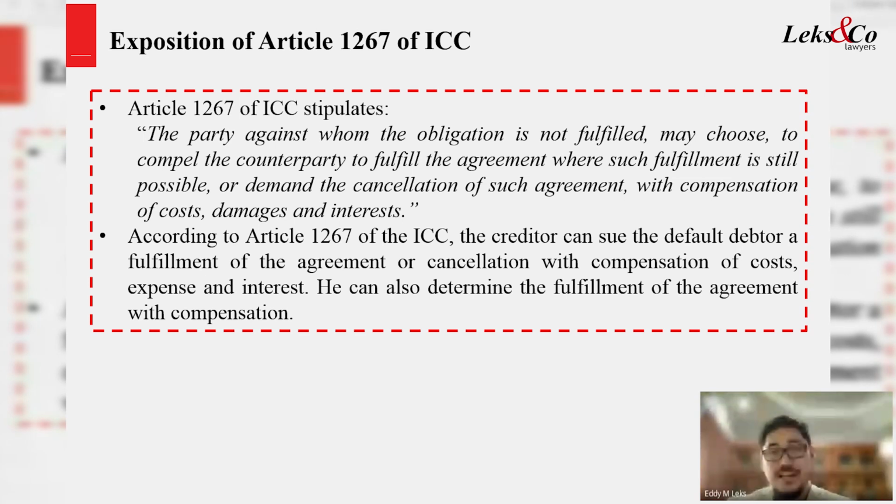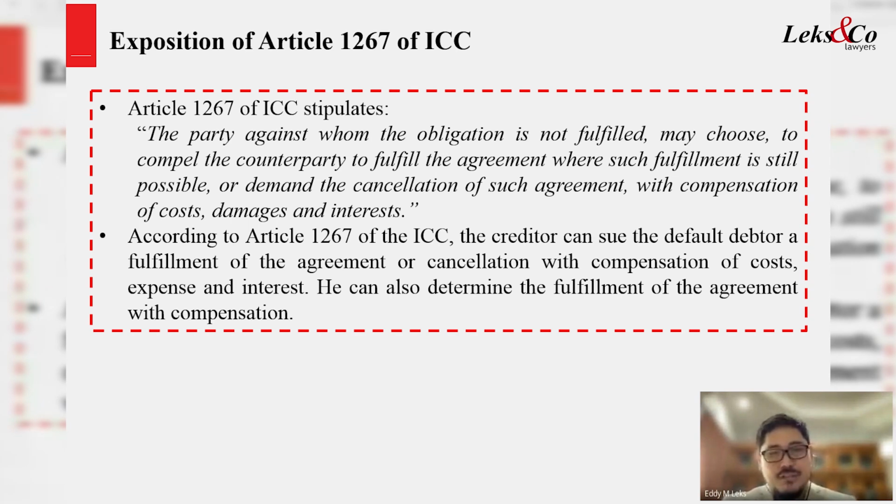But recently I had a case where I chose the first one. I just want you to do your performance, but I claim for cost, damages, and interest. So it's a very rare case. It's not happening all the time, but it happens, because these are optional. This is our option as the creditor to choose which path we want to take.